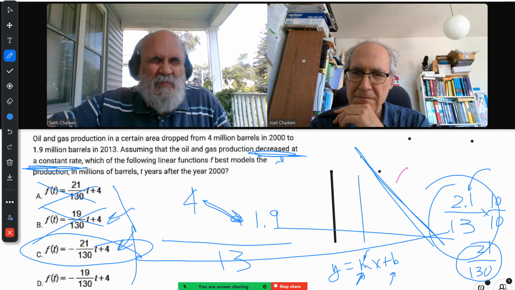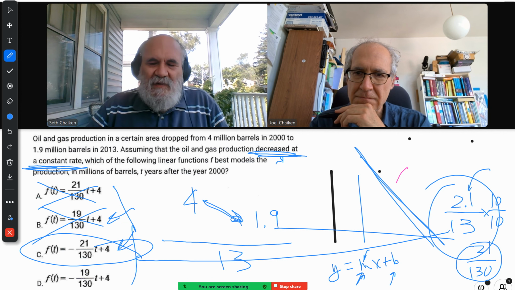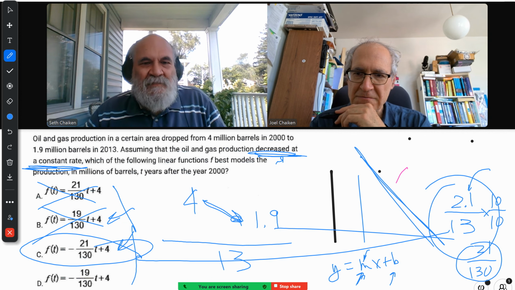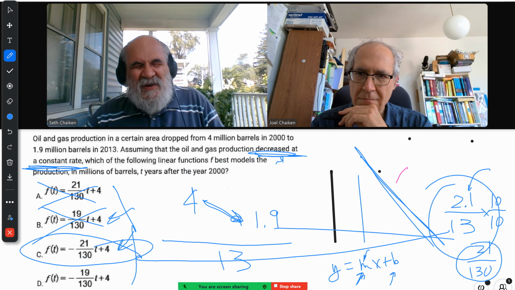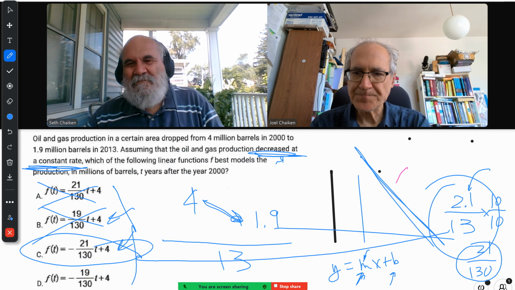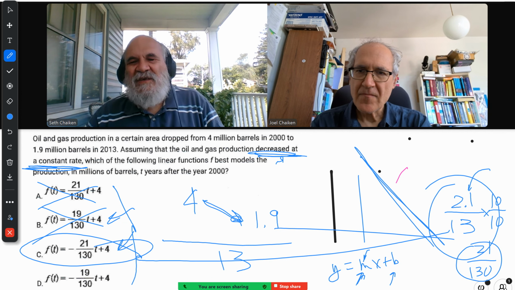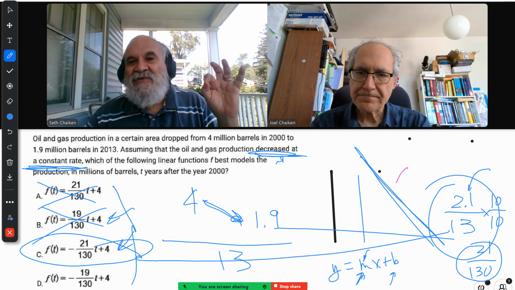Well, the most direct way of checking the 4 million condition in 2000 is to recognize that t represents the number of years after 2000. The number at the year 2000 is 0 years after 2000. Right.